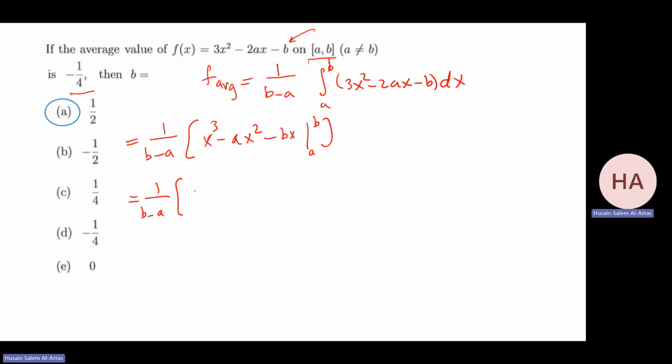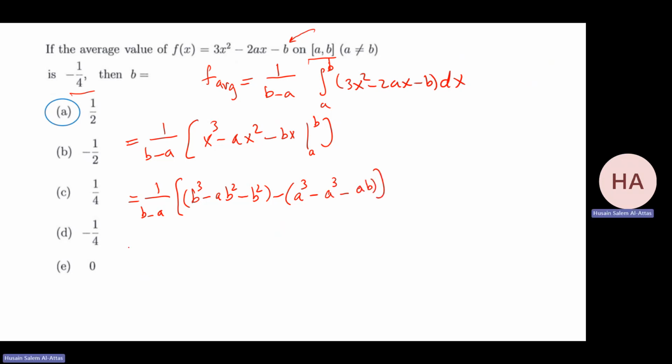I have b cubed minus ab squared minus b squared, this one side, minus a cubed. I put a times a, that will be a cubed minus ab.